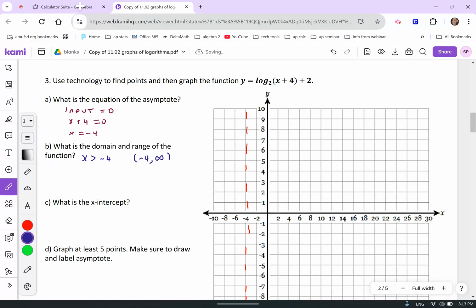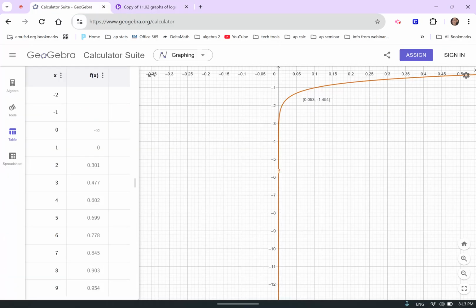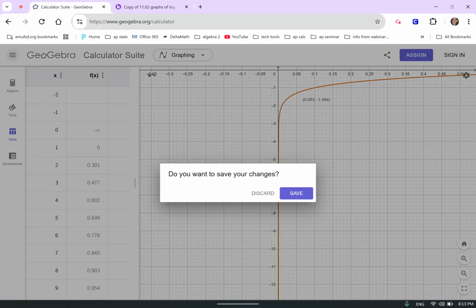And the range is going to be all reals. And there are a couple of ways to get the x-intercept, but for our purposes, we're going to actually graph it to find it. Okay, so we're going to change this function, so let's clear.